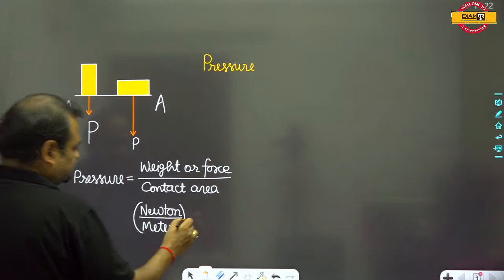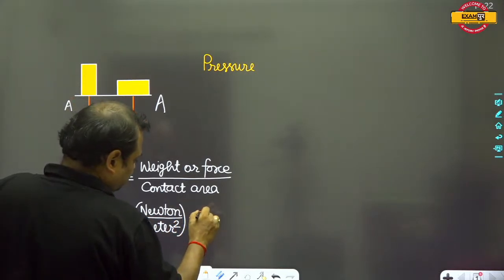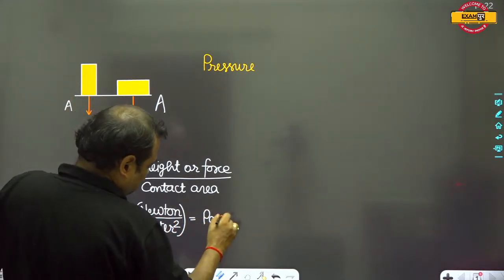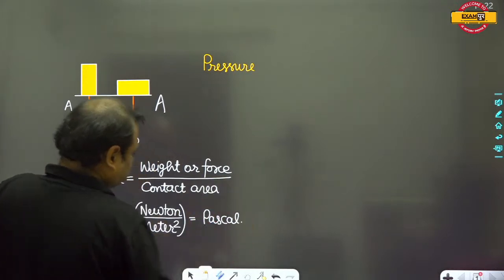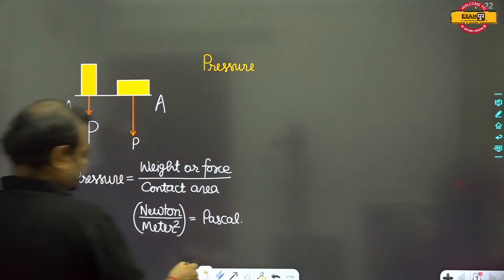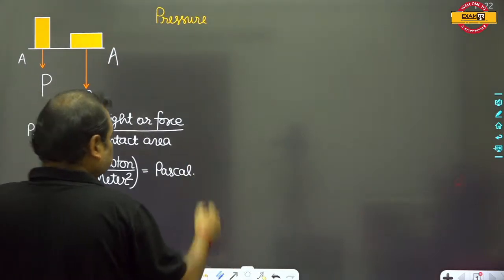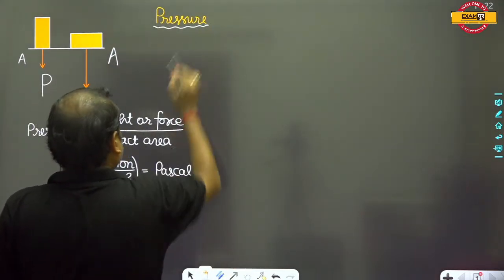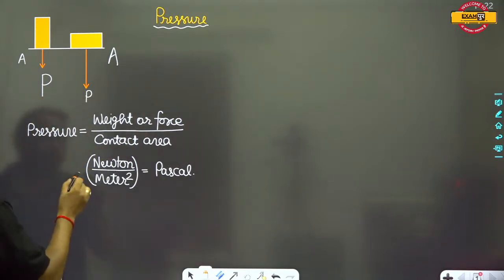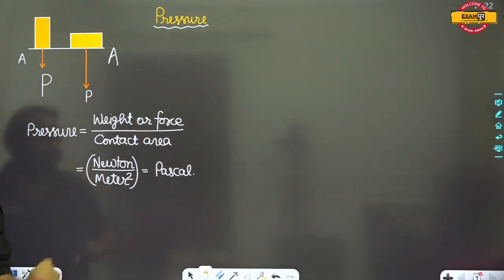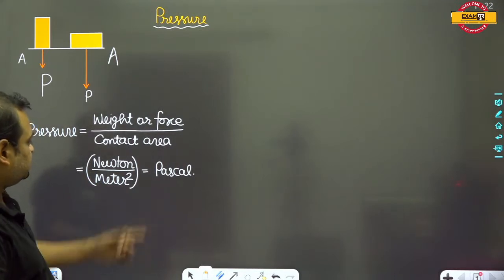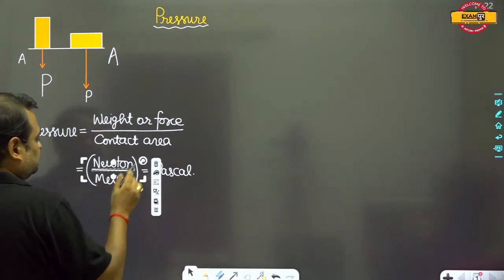Newton per meter square, and this Newton per meter square is known as Pascal. So here we can say that the SI unit of pressure is Newton per meter square, which is also known as Pascal.